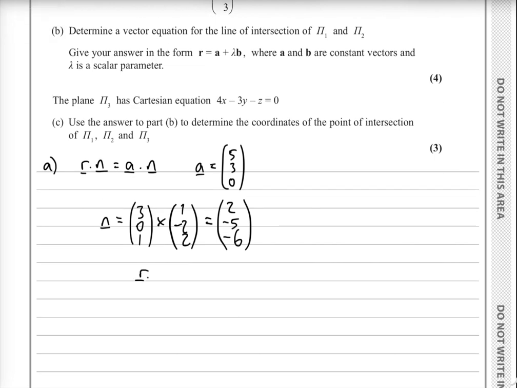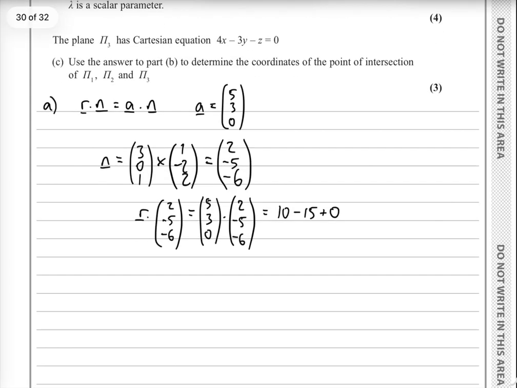So r dot 2 minus 5 minus 6 is equal to 5 3 0 dot 2 minus 5 minus 6, which is equal to 5 times 2, 10, plus minus 15, plus 0 is a minus 5.